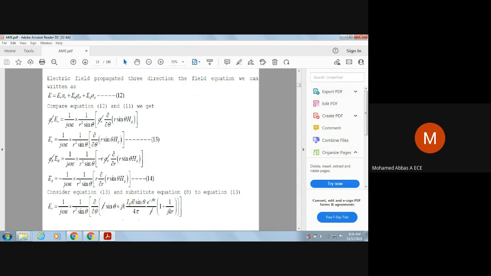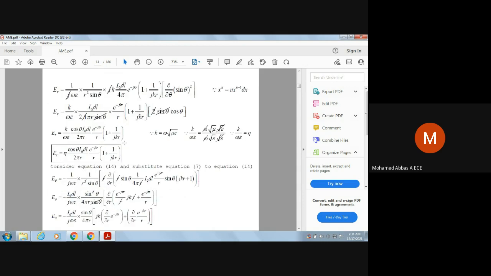Similarly, when we compare equations 11 and 12 with respect to theta, equation number 14 refers to the E theta component: minus 1 by j omega epsilon into 1 by r into ∂/∂r of r H phi. Now we can substitute the value of H phi in equation number 14, and after simplification the equation reduces in this manner.